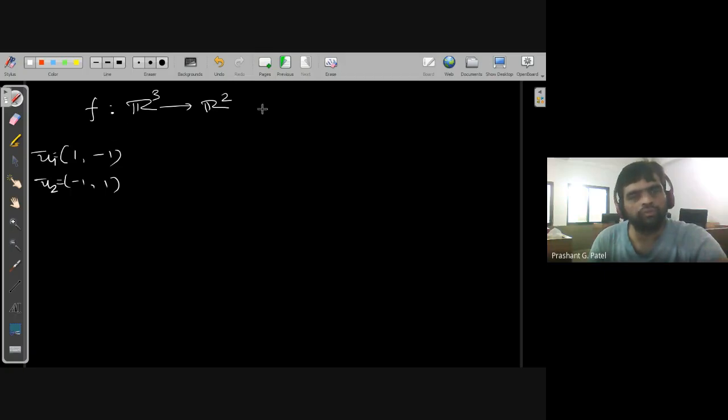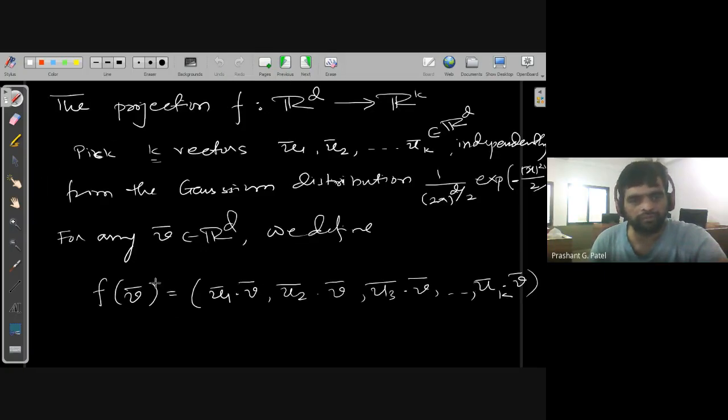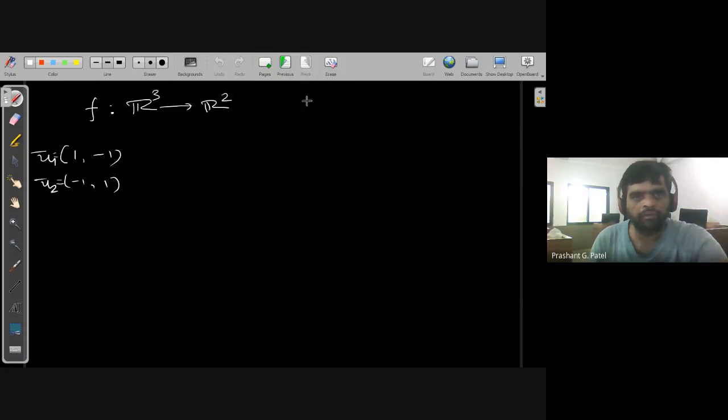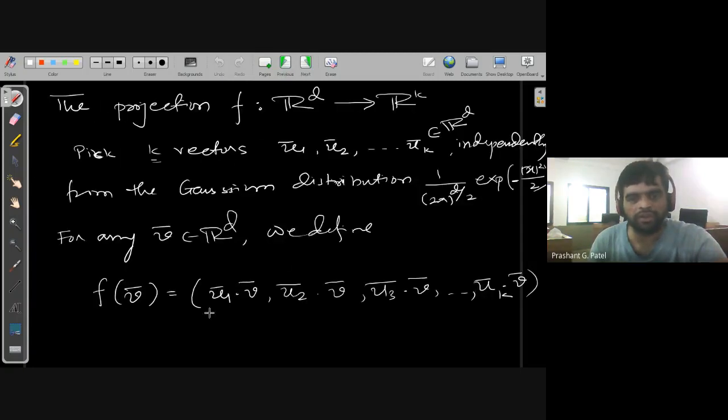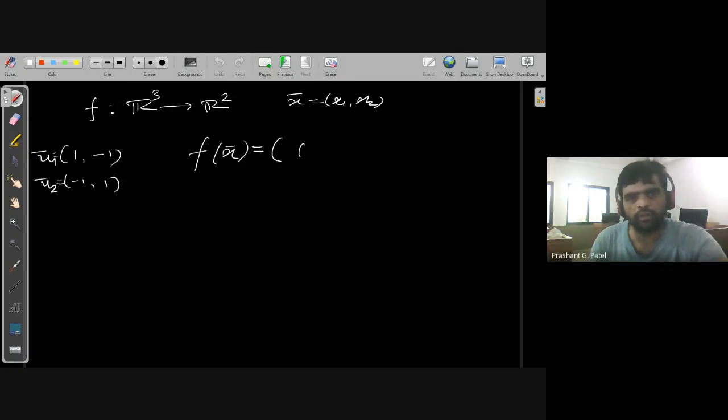Now I want to define a function of v bar. V bar means f of x bar, or I say x bar is (x1, x2). So what is f of x bar? As per this definition, it is u1 dot v bar. u1 is (1, -1) dot product with (x1, x2), and (-1, 1) dot product with (x1, x2).